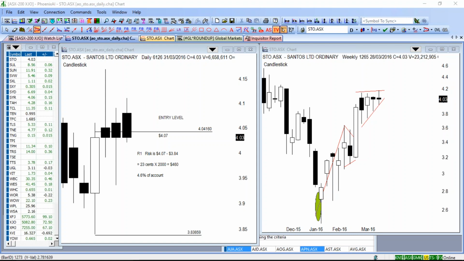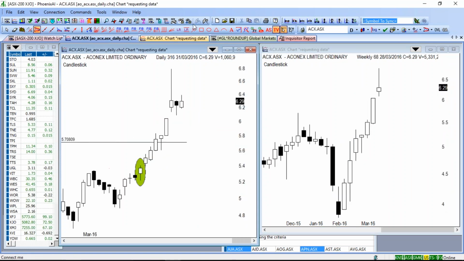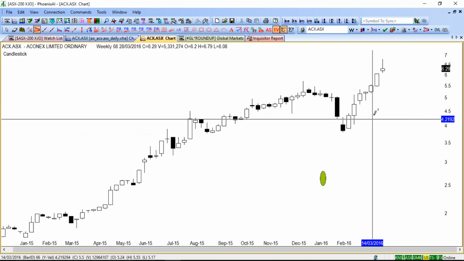How would you move stops on this trade? Good question. All good, thanks. Okay, so a couple of things. Let's go with the ACX trade, nice and easy to look at. This is the weekly chart of ACX.